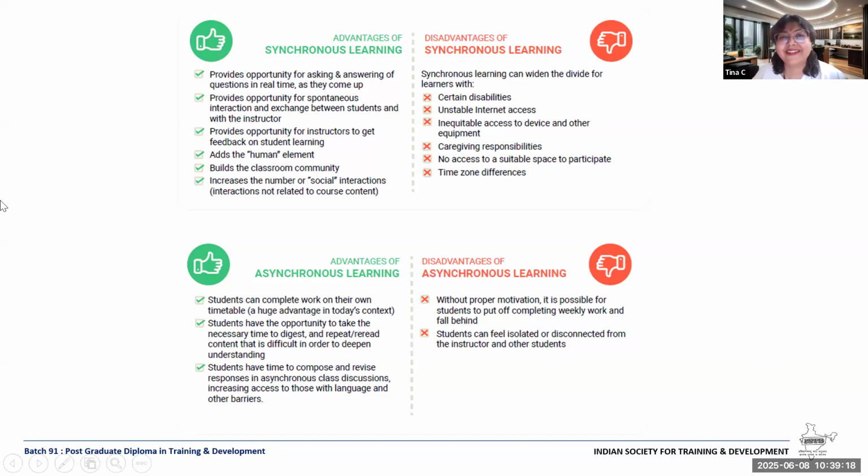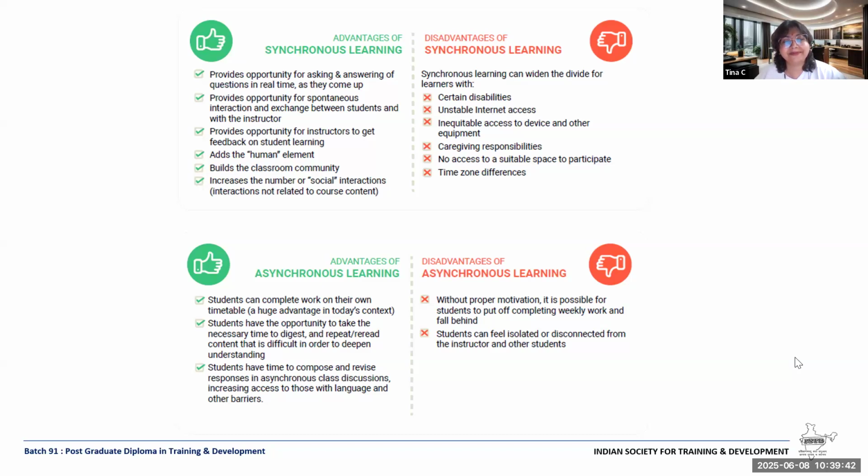One of the disadvantages that I do feel with synchronous learning is that sometimes, because of not structuring it well, it becomes passive lectures, especially with certain trainers or instructors. There is no activity within the session, it's getting passive and there is no engagement across the session.